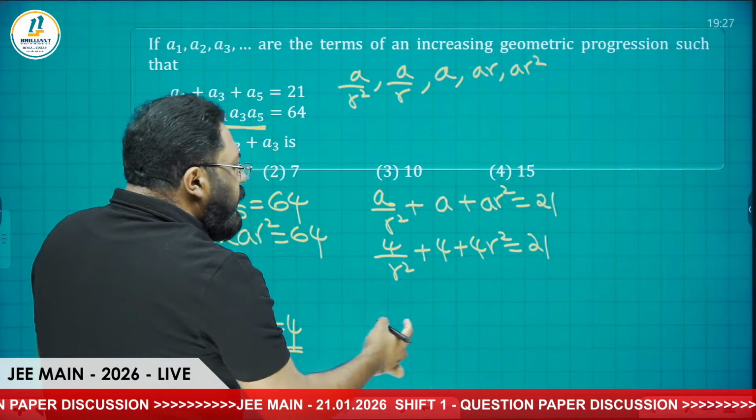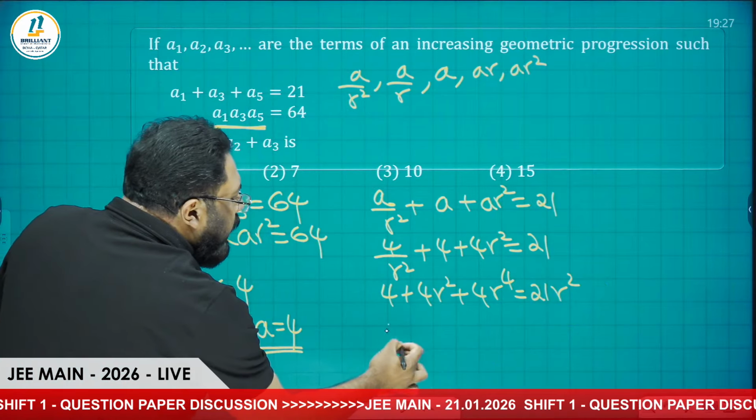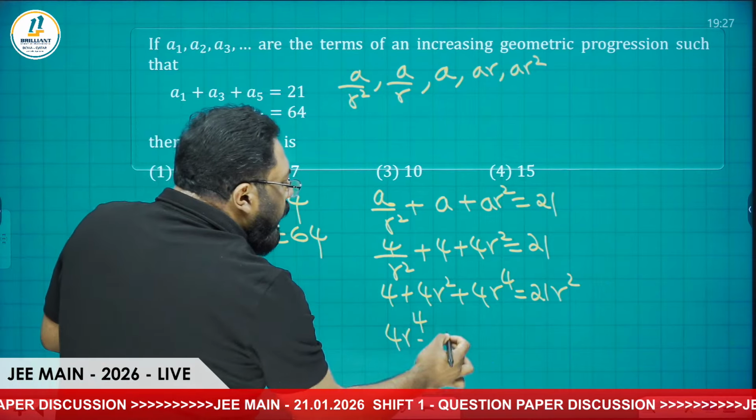This will look like an equation: 4 plus 4 R squared plus 4 R raised to 4 is equal to 21 R squared. It can be rearranged as 4 R raised to 4 minus 17 R squared plus 4 is equal to 0. If you solve it, you will get the value of R squared as 4.